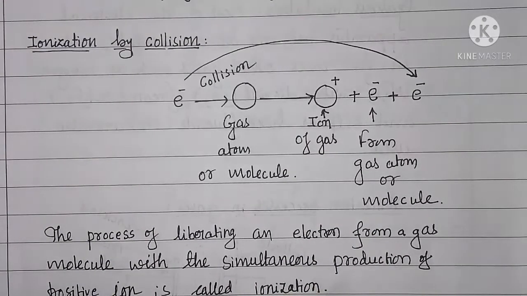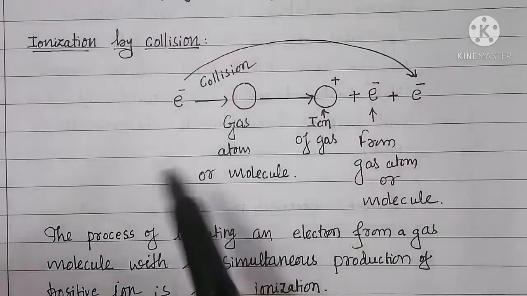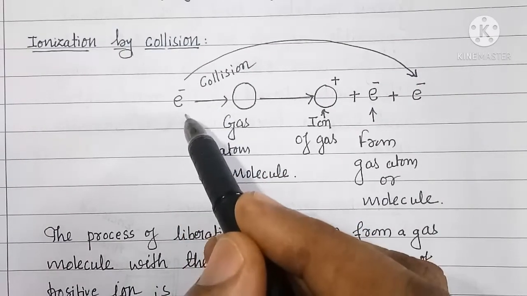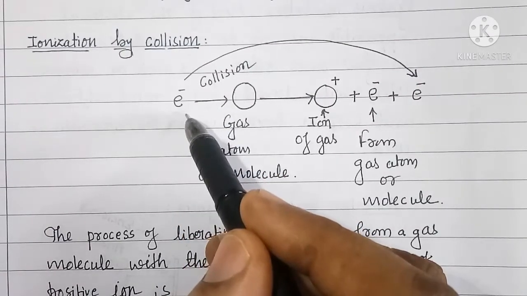The same thing happened in the case of photoionization also, but a small difference was there. What was that difference? There, the electron released from the cathode was not due to the applied voltage, but due to the photo radiations that were incident on the cathode.